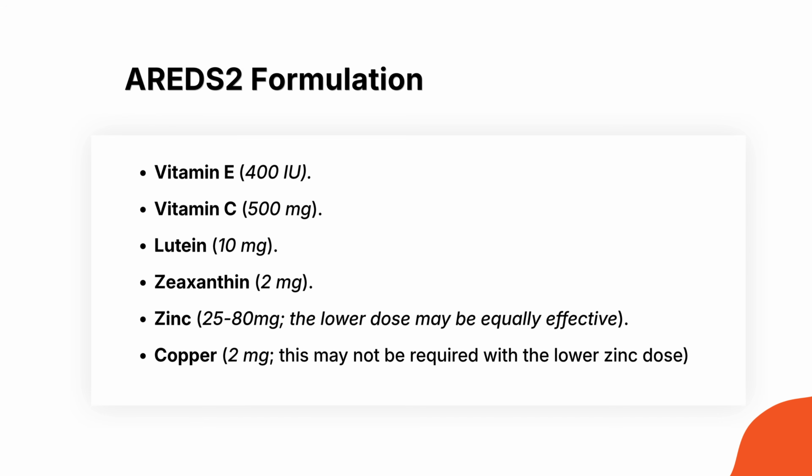Now coming to what exactly we prescribe. We follow the AREDS2 formulation. You don't need to overcomplicate it, just remember the key components: vitamin C, vitamin E, lutein, zeaxanthin, zinc and copper. So that's your standard combination. Now the AREDS2 tried to improve the original AREDS1 formulation. So what actually changed?